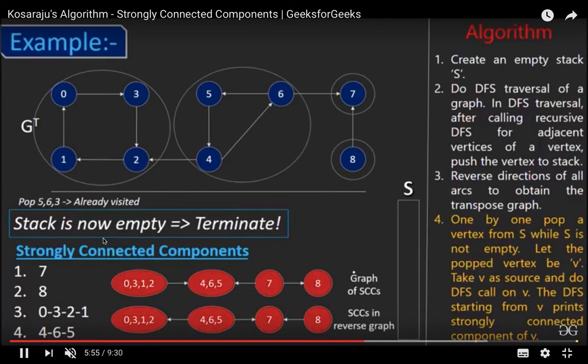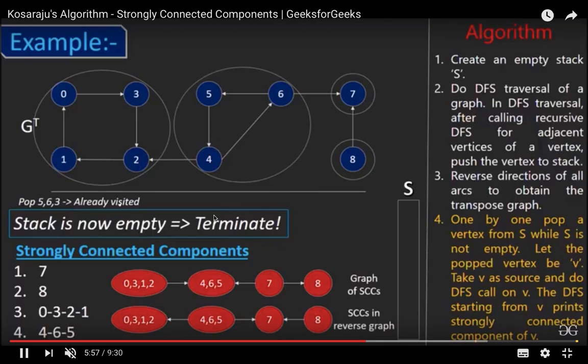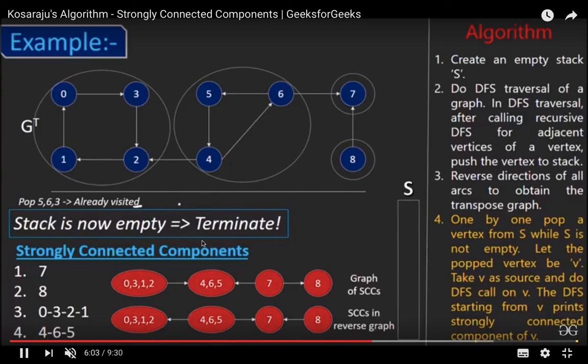And at the back you can see that we visited 8 at first, then 7, then 0, and like that we finished all this. So the stack is now empty, we should terminate.